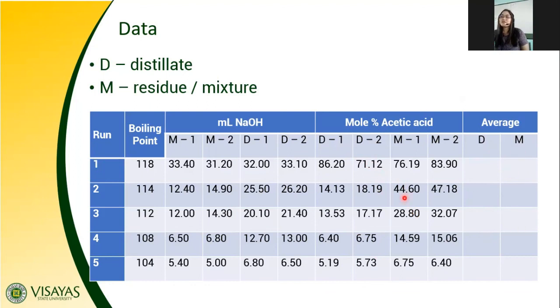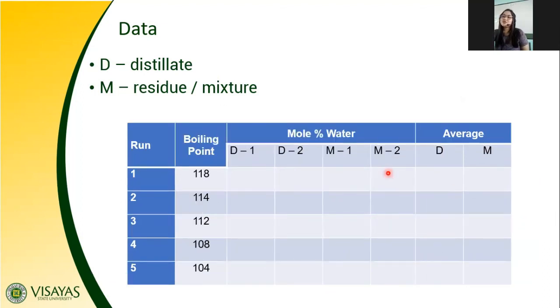This is table 1, the mole percent of acetic acid, which is component 1. For the next table, you have the mole percent of water, which is component 2.